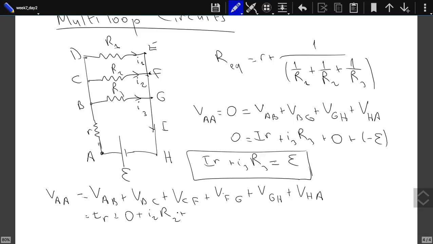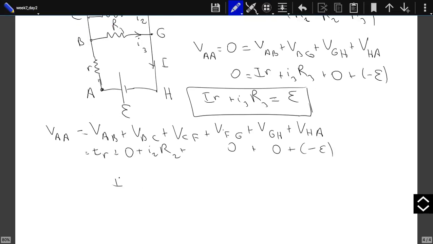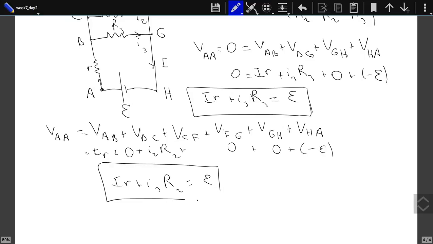From F to G, from G to H, from H to A, minus epsilon. So this is our second equation. I times R plus I2 times R2 is equal to epsilon. Now I will continue.